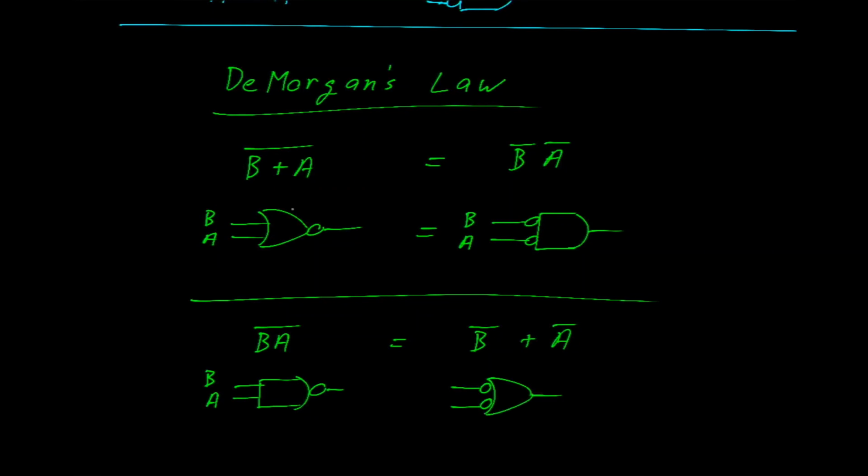This first one tells us that a NOR gate is the same as an AND gate, provided you invert the inputs. The second one tells us that a NAND gate is the same as an OR gate, provided you once again invert the inputs.